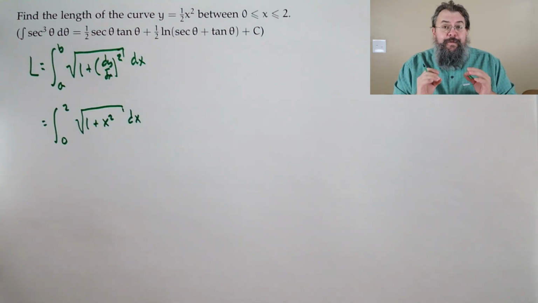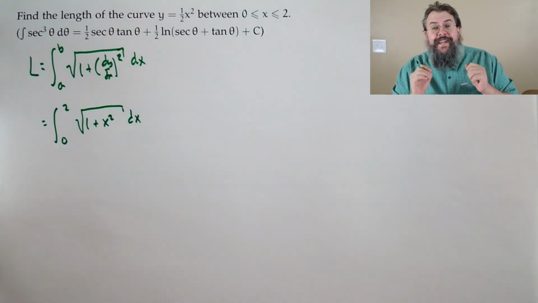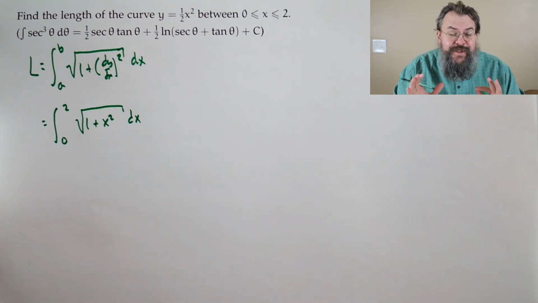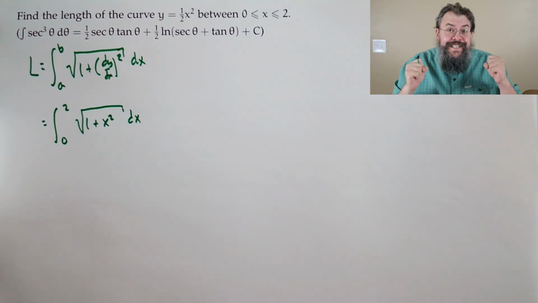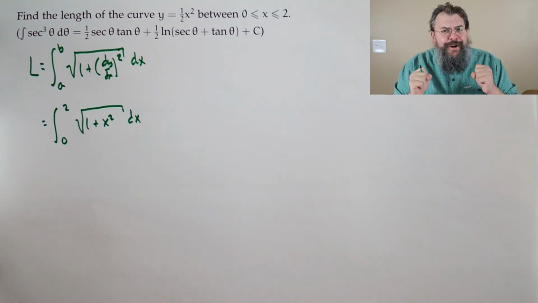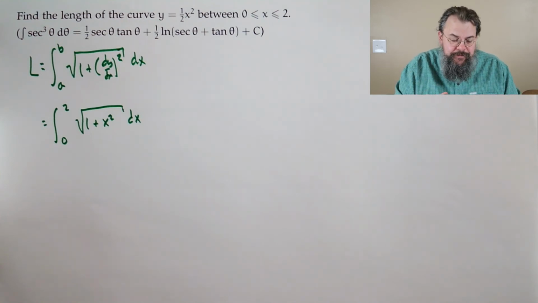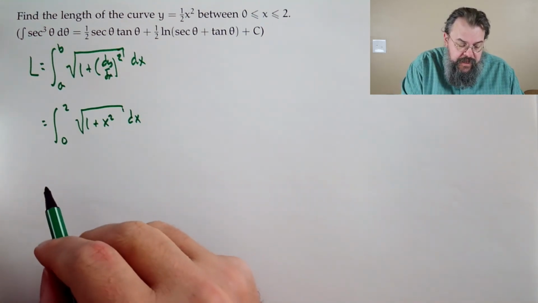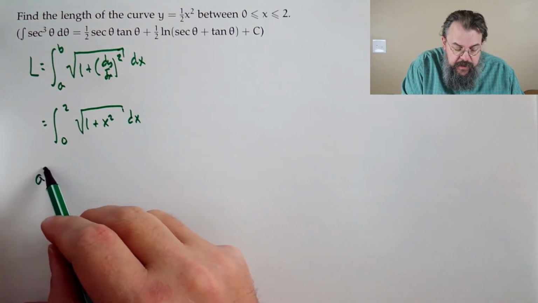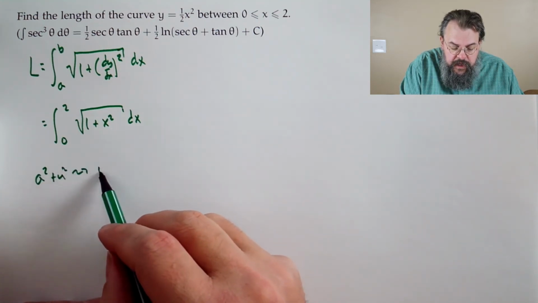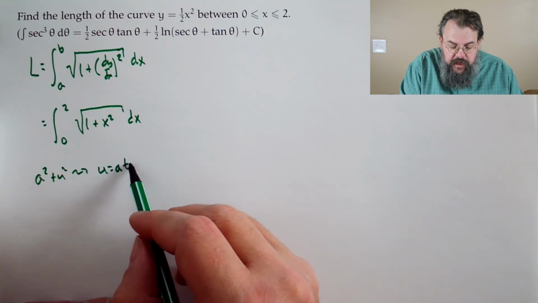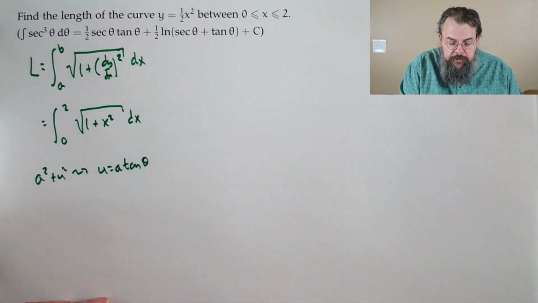Now, square root of 1 minus x squared, we actually can do that even if we didn't have trig substitution, when it's a definite integral, because we can do circles. Square root of 1 plus x squared, how much harder could it be? Well, what do we see? It's of the form a squared plus u squared, and when we see that form, we say, okay, that should be something a tangent theta.